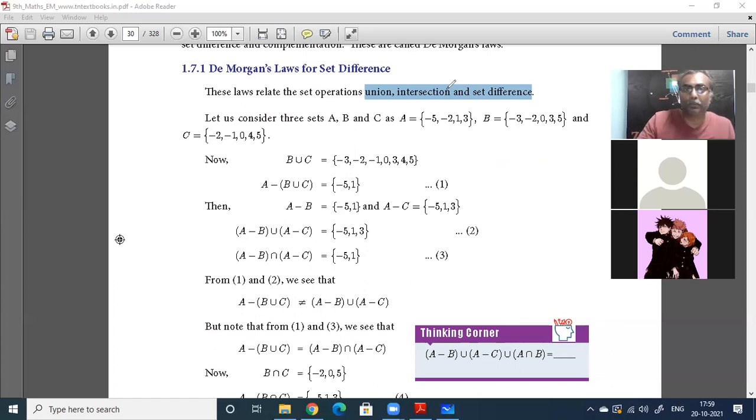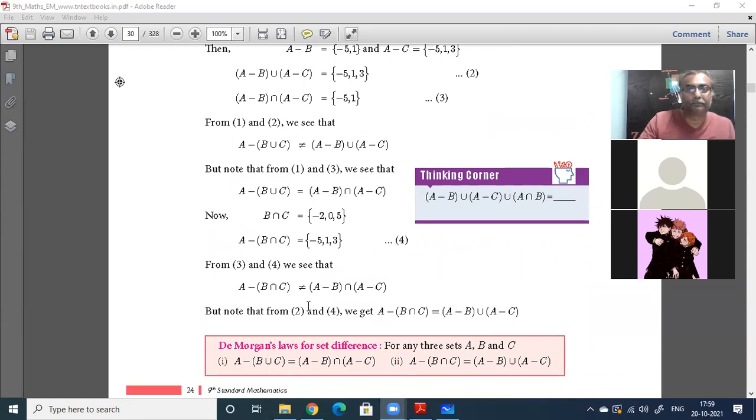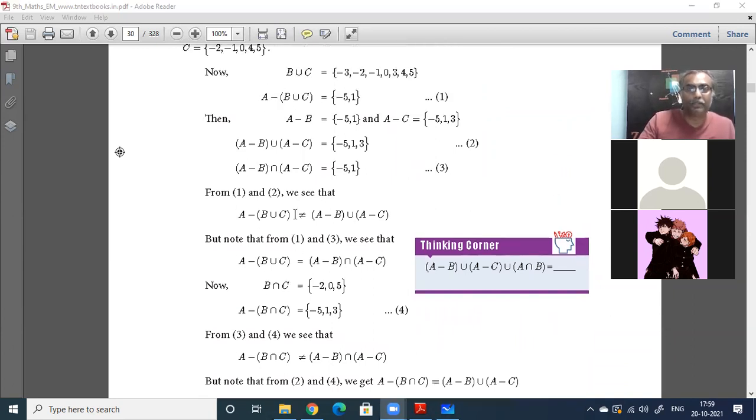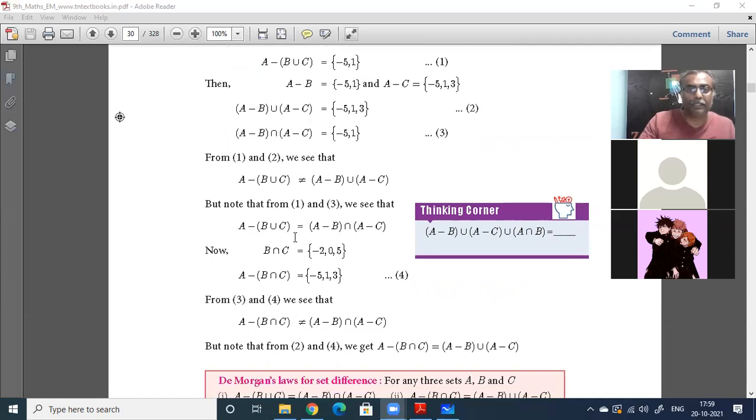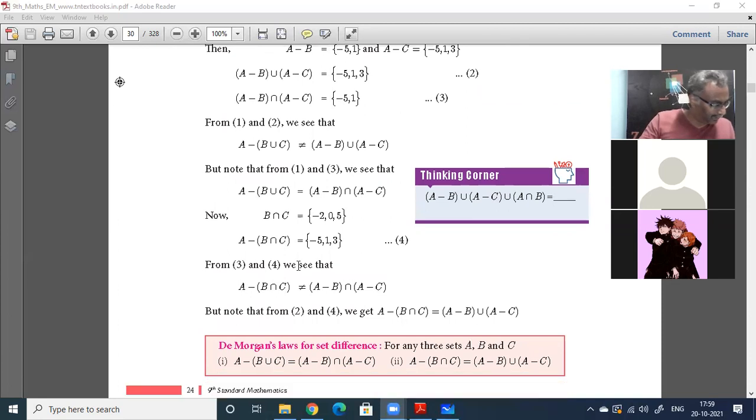Okay, let us go further. Some more things we have to discover. Now B intersection C is another thing he is taking. What is B intersection C?